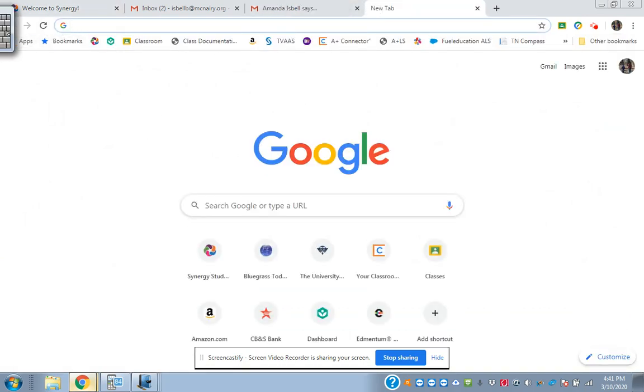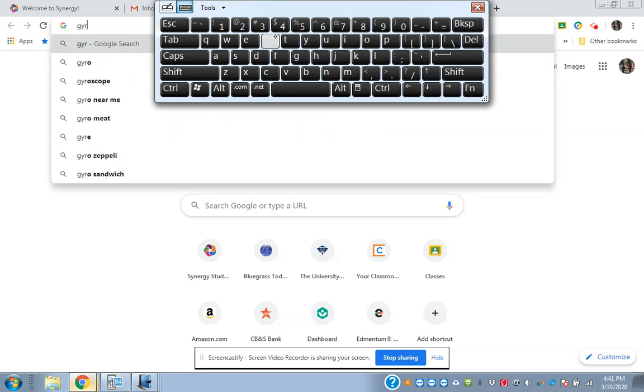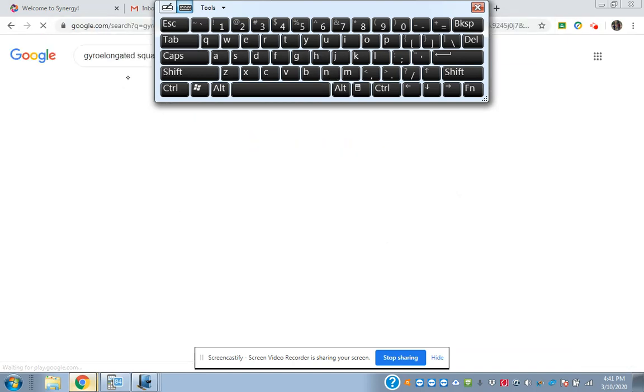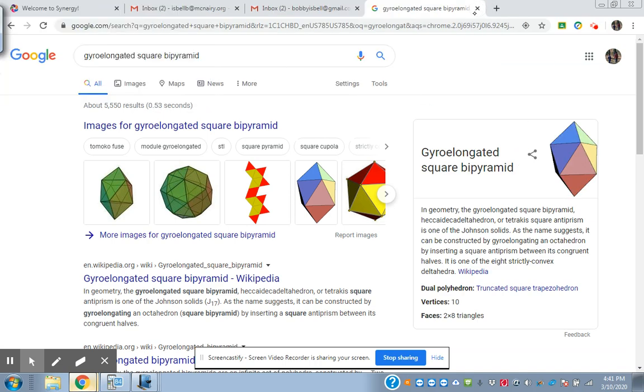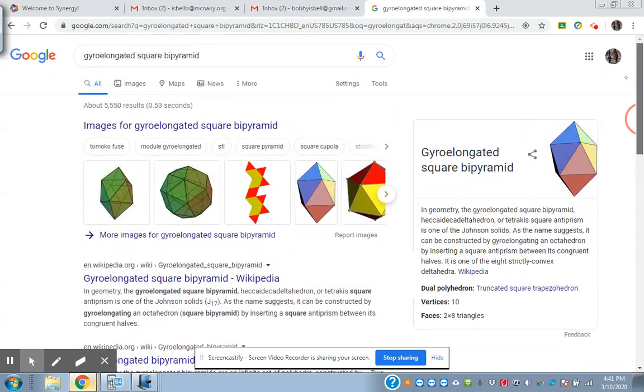So gyro. I don't think I spelled that. Elongated. Square bipyramid. Weird looking shape. Okay. I don't know if I can. Trying to find. There's one on here that you can click on and kind of move around.